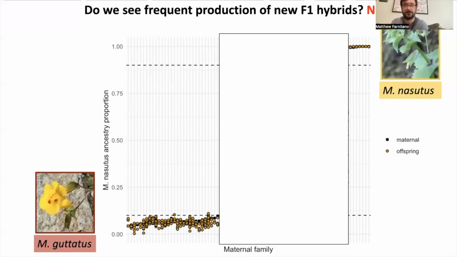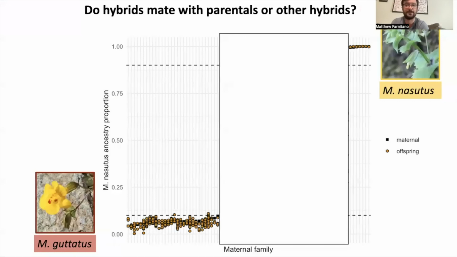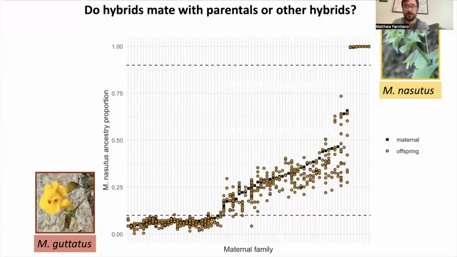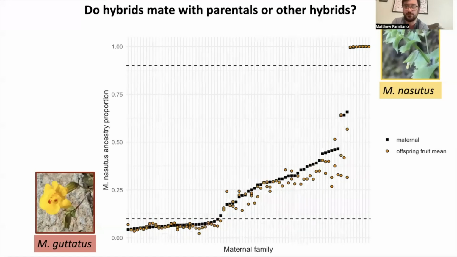Well, we can look at what's going on with the hybrids themselves and ask whether hybrids are mating with parentals or with other hybrids. And so if we plot the offspring of each of our hybrid maternal plants, we see that on average, they mostly have a hybrid ancestry, which you would expect. And to simplify this, I'm going to now plot just the mean or the average of each fruit from our data set.